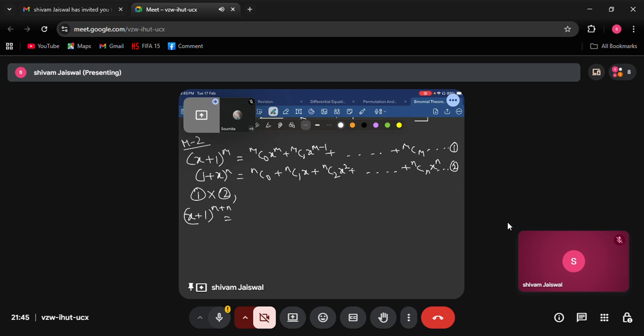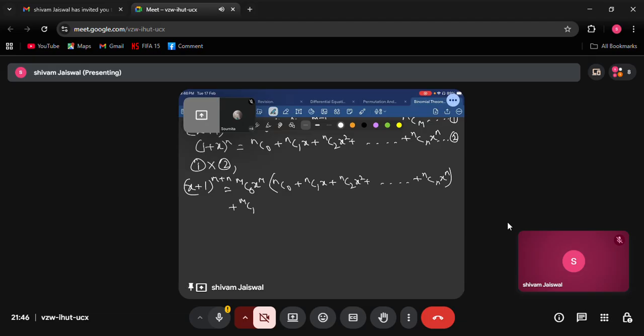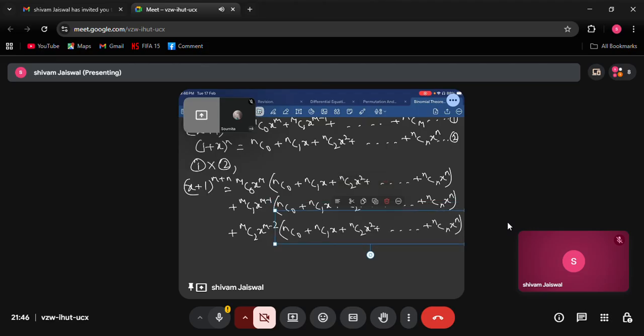This will be equal to mC0 into x to the power m, within brackets this whole thing, plus mC1 into x to the power m minus 1, within brackets this whole thing, plus mC2 into x to the power m minus 2 into this whole thing, plus dot dot dot.